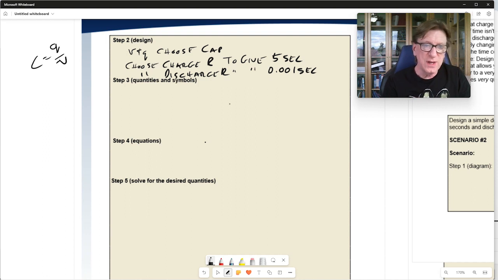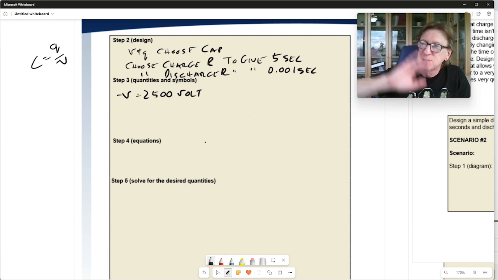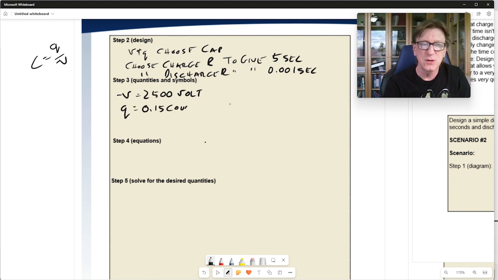So the known values: we need the voltage to be 2,500 volts. That's what has to be the potential difference across the capacitor. Obviously, that's not going to be the potential difference across the battery, but we're using that battery to just send charge, and so that potential difference gets bigger and bigger. Then the amount of charge I'm going to store, we need 0.15 coulombs, which is a huge amount of charge.